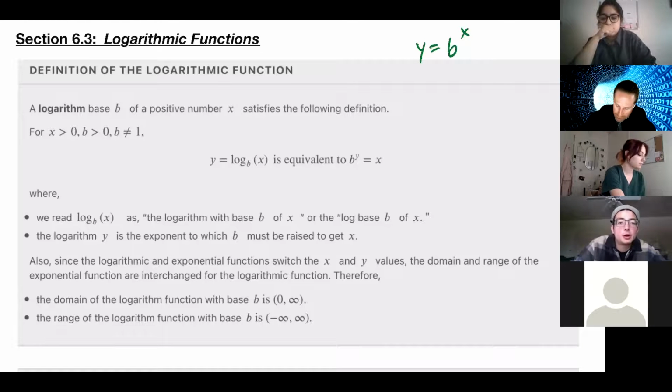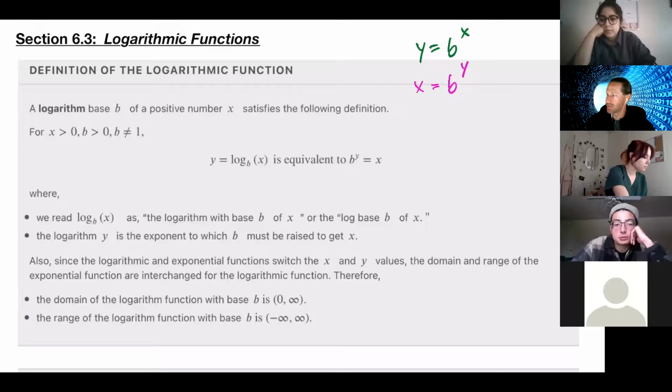We would square it or square root it. Careful. How do we do the inverse? What was our first step? Oh, sorry, it's x equals y, and then yeah. We switch the x and the y. That's the simple answer, right? We switch the x and the y, we do the reverse order.